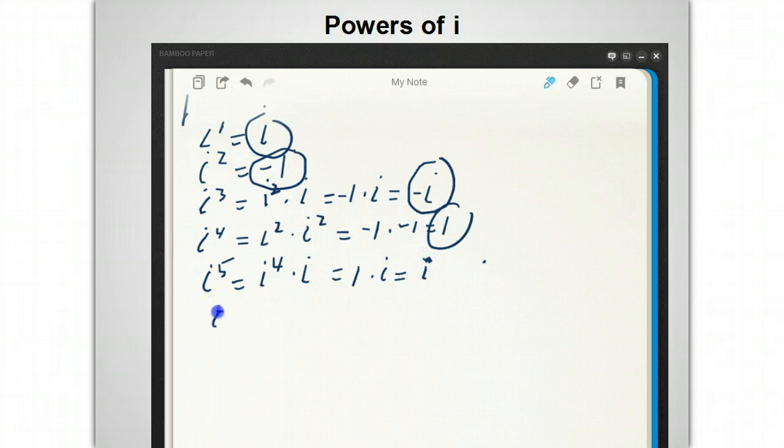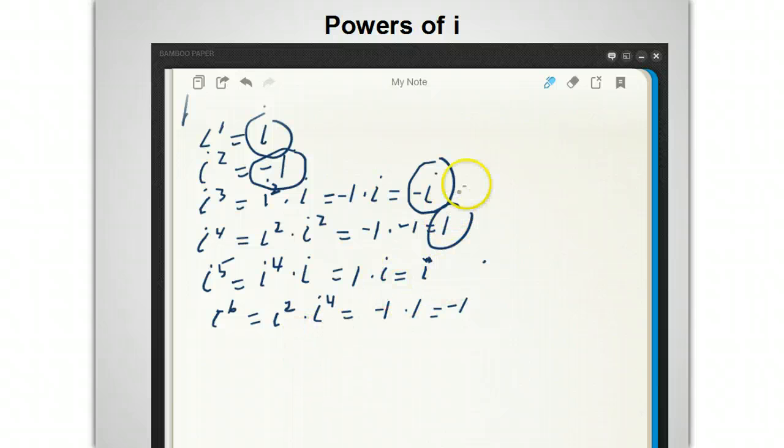And i to the sixth would be i squared times i to the fourth, and i to the fourth is 1 again, so i squared is -1 times 1 is -1. And you can see we're starting to repeat these values.